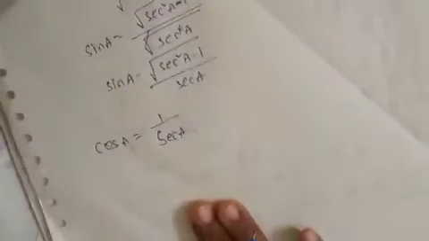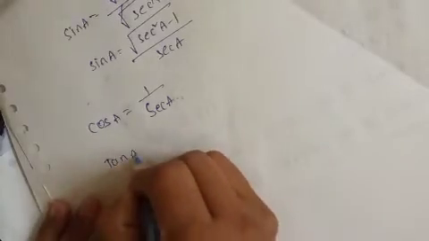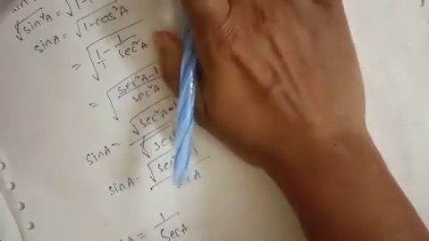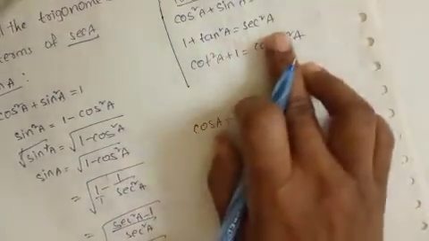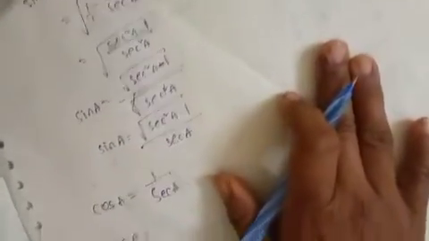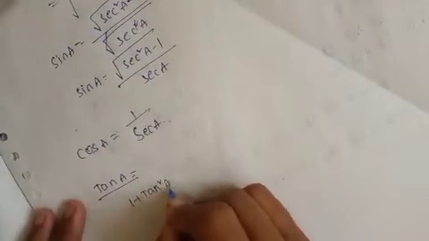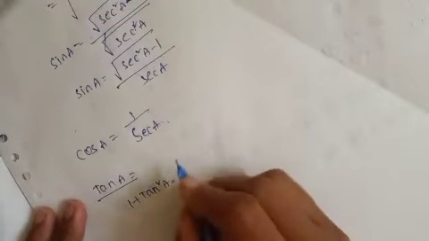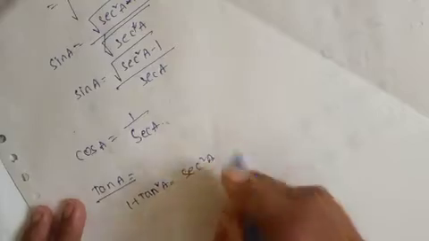Next, the tan A value. From the trigonometric identities, what is tan A? 1 plus tan square A equal to secant square A. From this, I am finding the value.